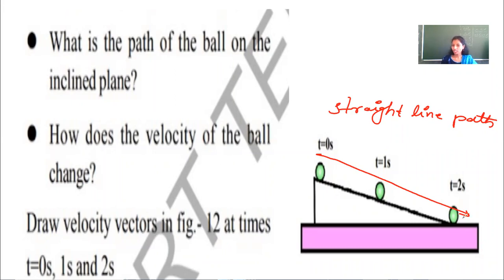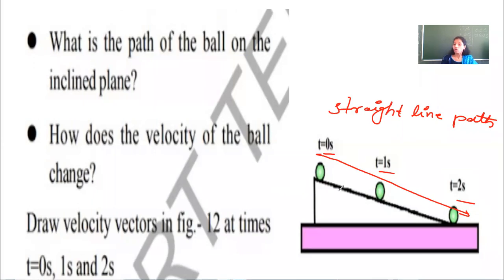Okay, it is moving in a straight line only at 0 seconds of time, 1 second of time, and 2 seconds of time. And how does the velocity of the ball change? Here, the velocity of the ball increased because it is moving from top to bottom.